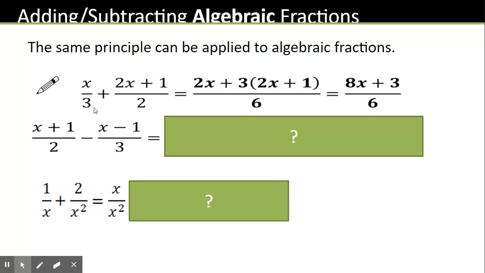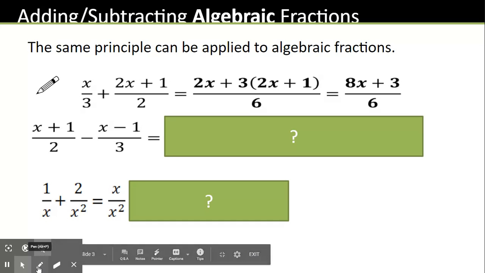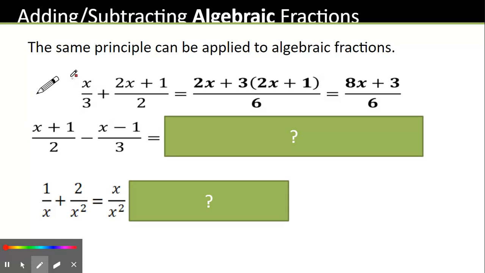First, we make the denominator the same by identifying equivalent fractions. In this case, I will be multiplying by 2 because 3 multiplied by 2 gives you 6, and 6 is the lowest common multiple.